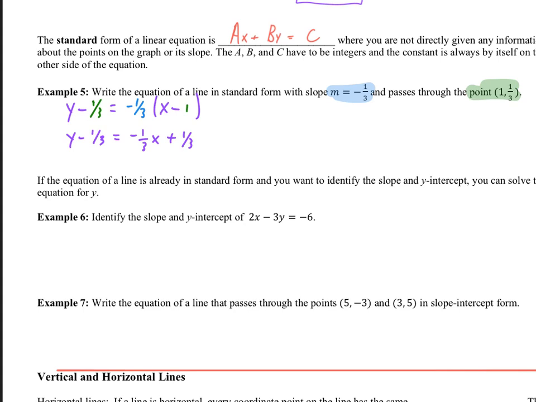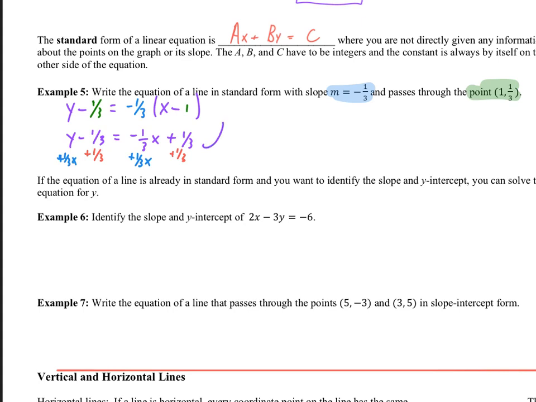And so, the goal is getting x and y on the left side, and then all constants on the right side. So I need that minus 1/3 to move over to the right. I need the x to move over to the left. Add that.